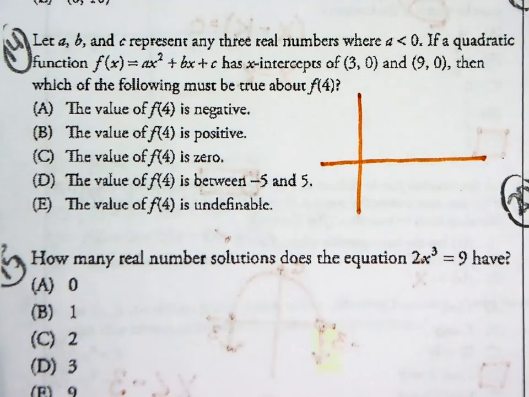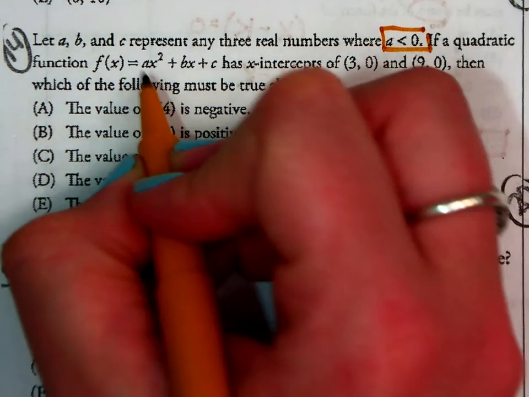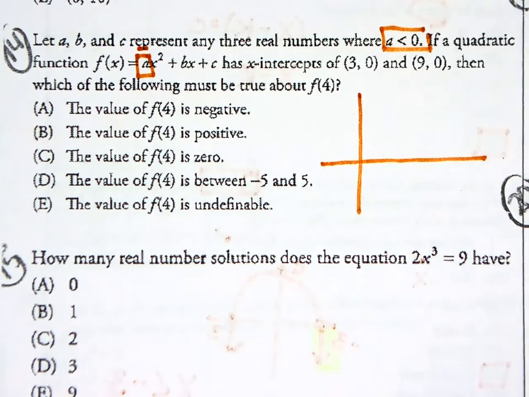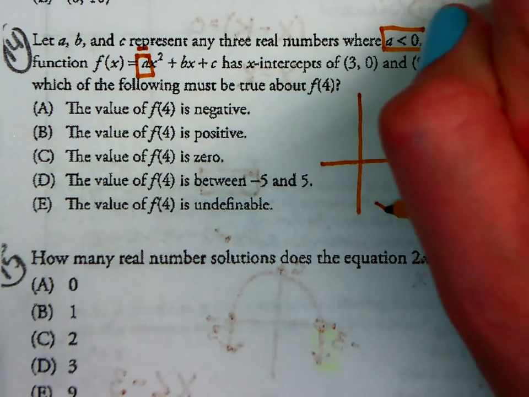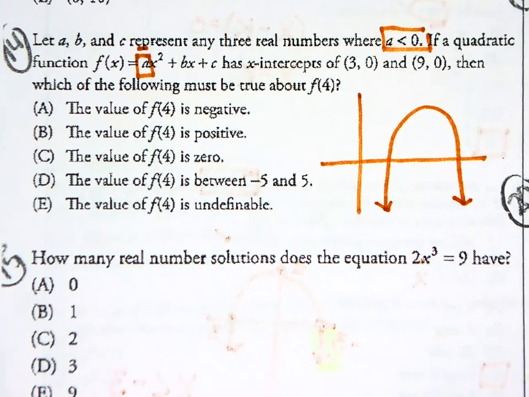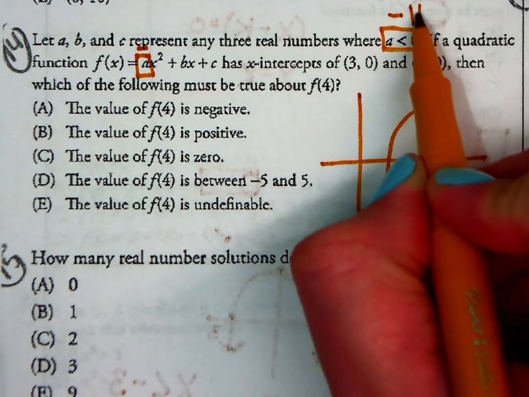It's telling you here that your A value is less than 0, which means that this value is negative. If the value is negative, it flips the function like this.